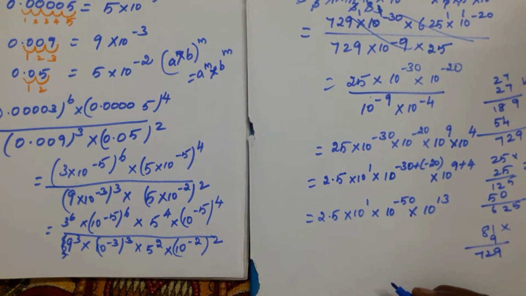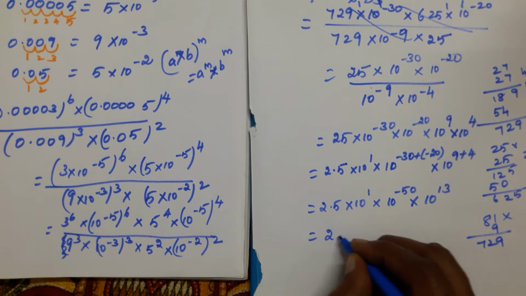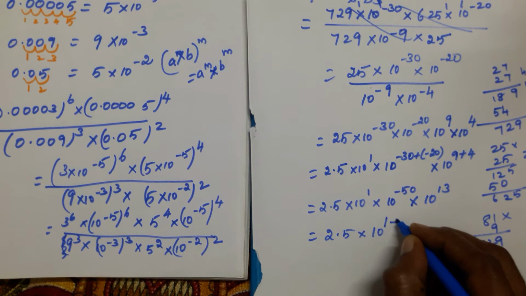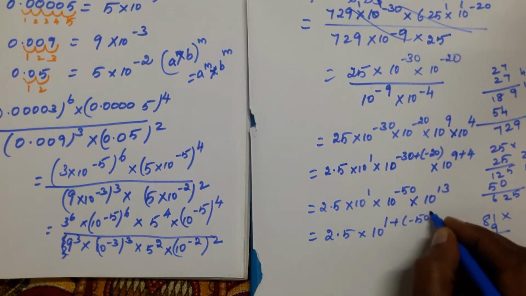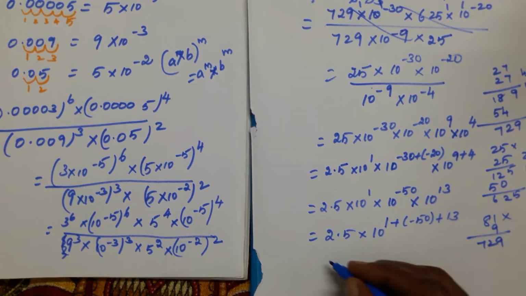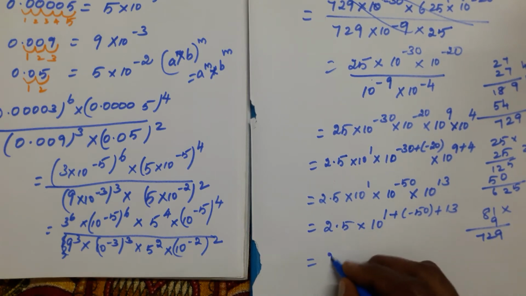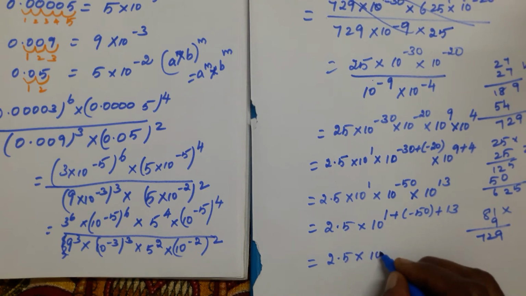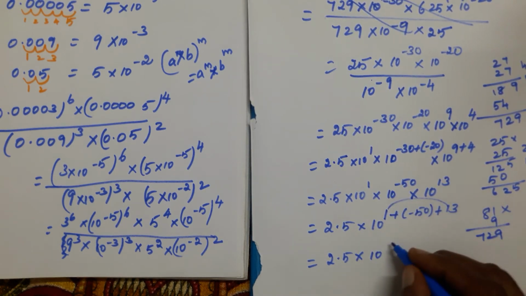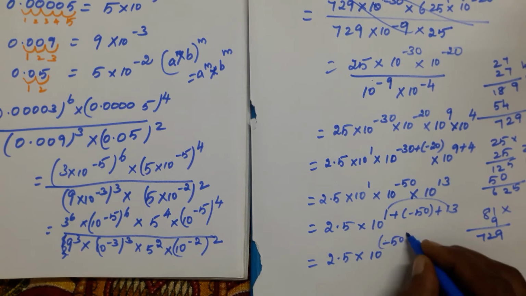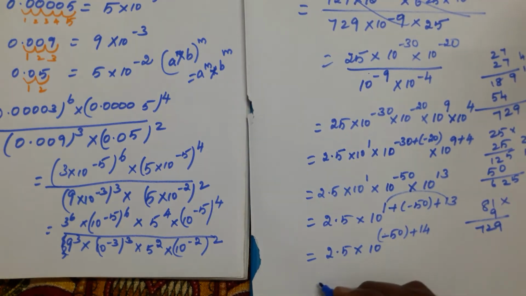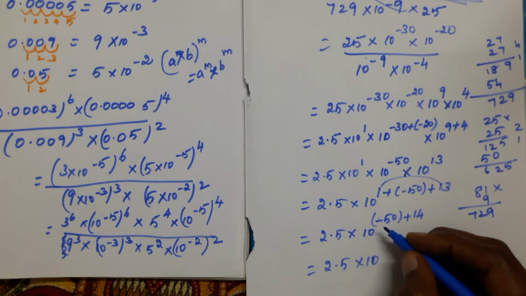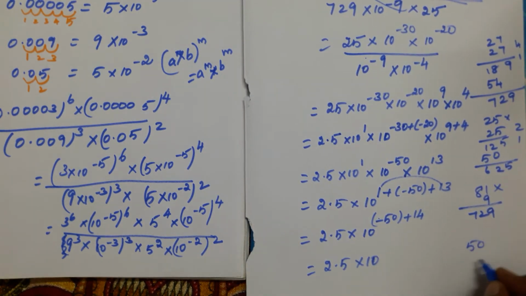So it is equal to 2.5 into 10 power 1 plus minus 50 plus 13, which is 2.5 into 10 power 1 plus 13, 14, minus 50 plus 14. It is equal to 2.5 into 10 power minus 50 plus 14, which means minus 36.